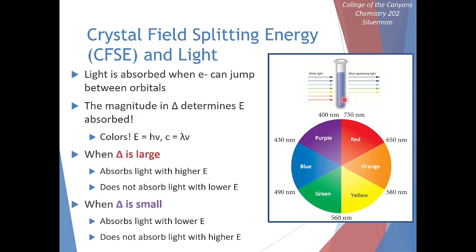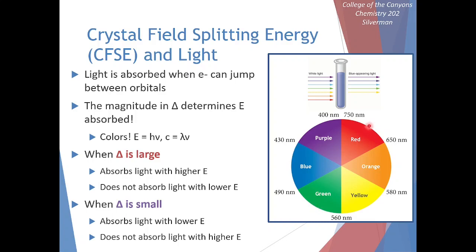That means our compound is the complementary color of red. We can have our artist color wheel: red, orange, yellow, green, blue, purple. If you are absorbing one of these colors, you want to go through the middle to the exact opposite side of the color wheel. That is the color you will appear.